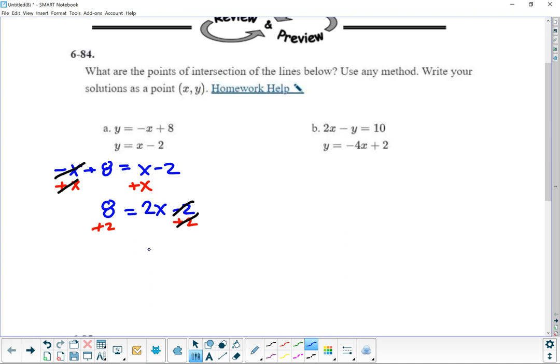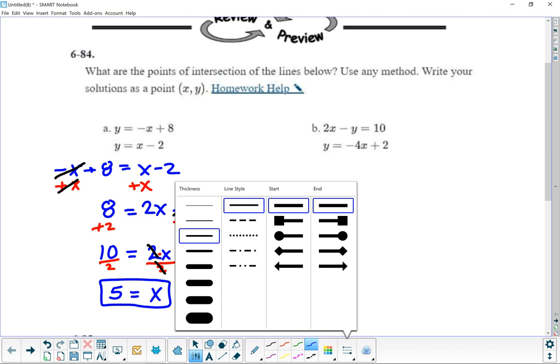You end up with 2x on the right hand side and 10 on the left hand side. Then you finish by doing the opposite of times 2, which is dividing by 2. And you finally get half of your answer. Remember, this is only half. x equals 10 divided by 2 is 5.